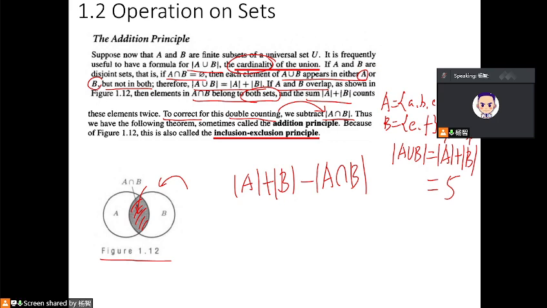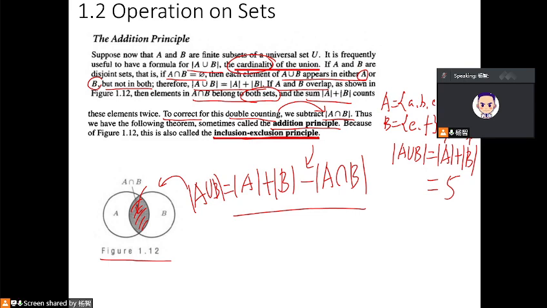Thus we have the following theorem. Sometimes we call this the addition principle, but in figure 1.12 we call it the inclusion and exclusion principle. This principle can satisfy all situations.